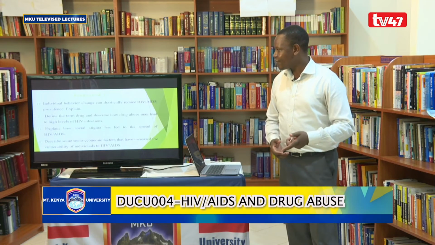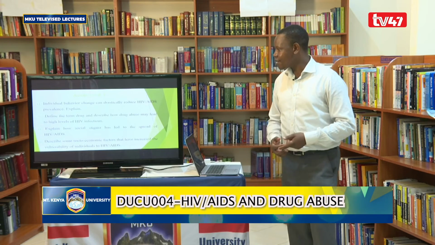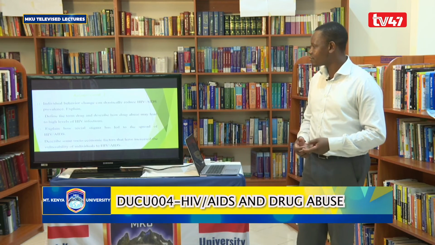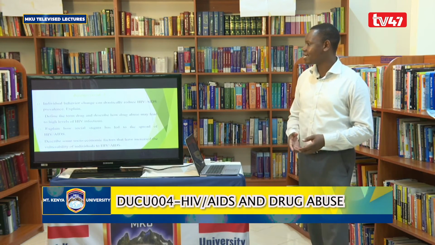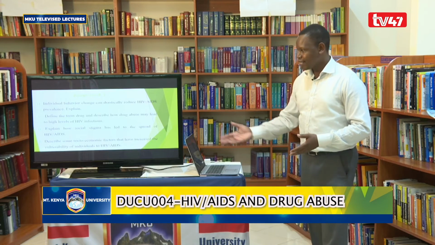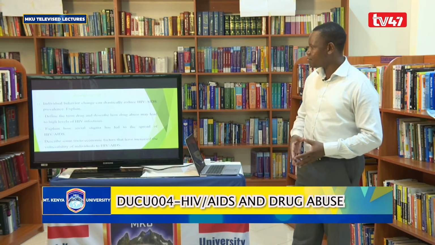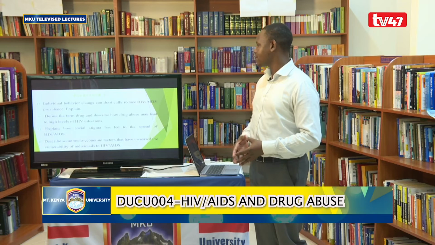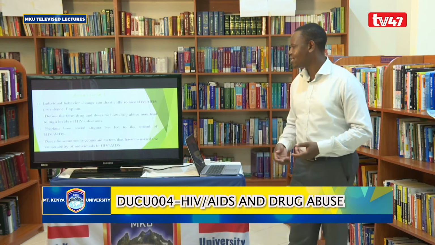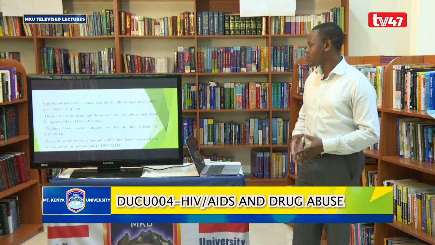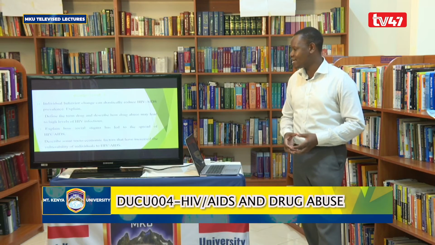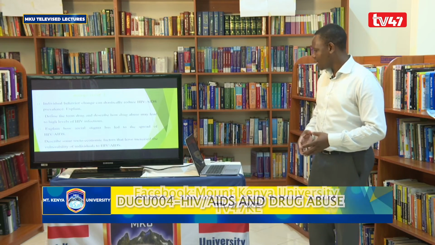The other one is to define the term drug and describe how drug abuse may lead to a high level of HIV infection. The other one is to explain how social stigma has led to the spread of HIV and AIDS. And lastly, describe some of the socioeconomic factors that have increased the vulnerability of individuals to HIV and AIDS.